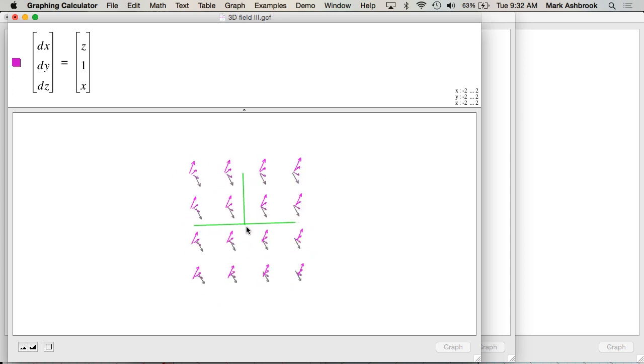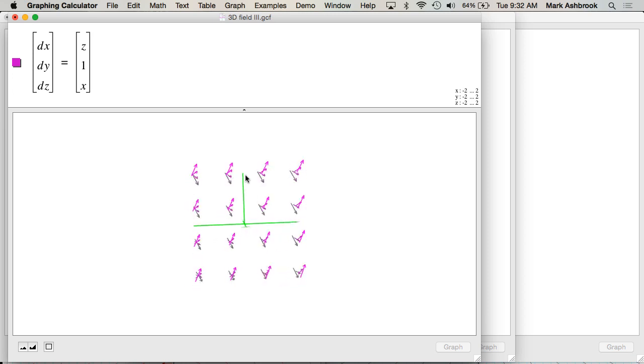So this is the YZ plane again. The x component, the amount that the vector changes in x, is how high up or down you are. Is that right? It depends on how high.